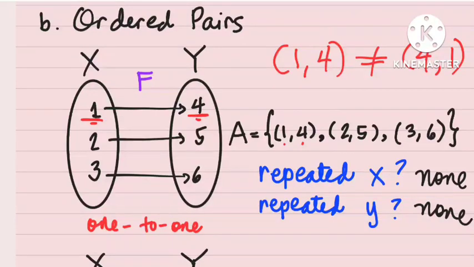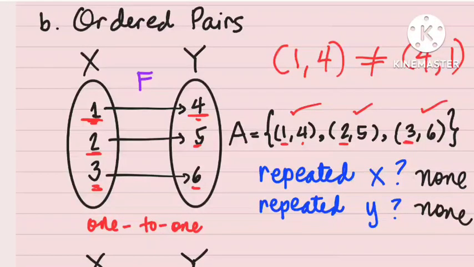So 1, 4 is one of the ordered pairs. 2, 5 is another ordered pair. And 3, 6 is another. Are there any repeated values in our x's? Let's see. So our x's, 1, 2, 3, because our domain should have the elements 1, 2, 3.